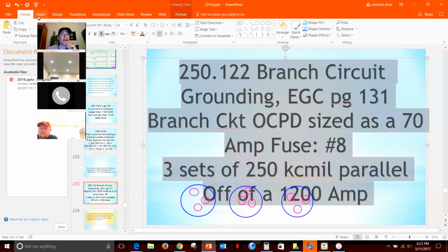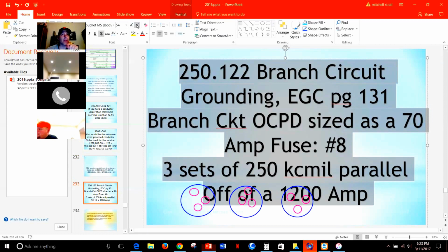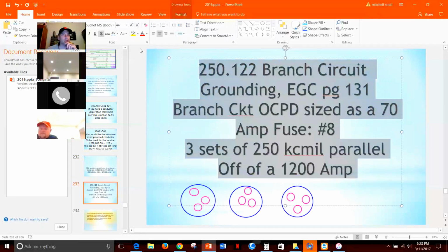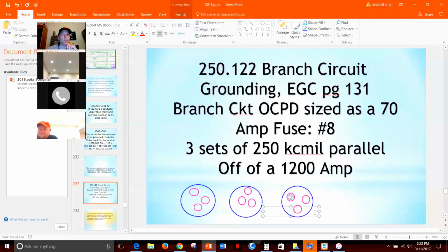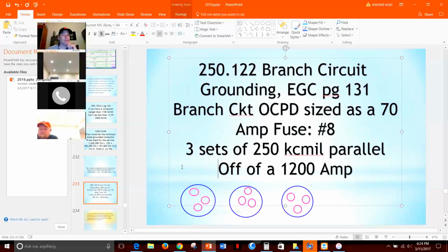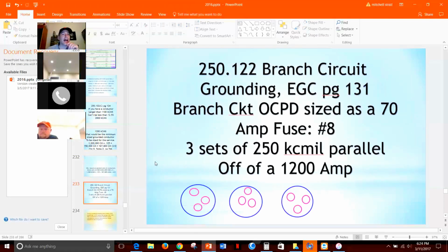So I'm going to have whatever that table value is for a 1200 amp breaker. 3-aught. I'm going to have a 3-aught then in each one of these 3 parallel sets of conductors. There's no discount. I have to have a full size equipment grounding conductor in every one of these legs in case somebody cuts through 2 of them, and so I can still clear the entire ground fault or signal that I need to carry back to that overcurrent device to trip it.